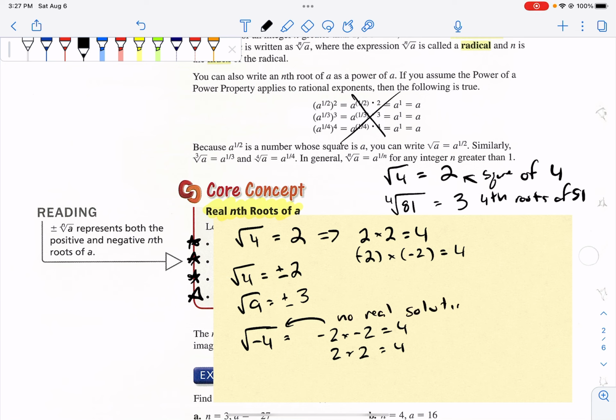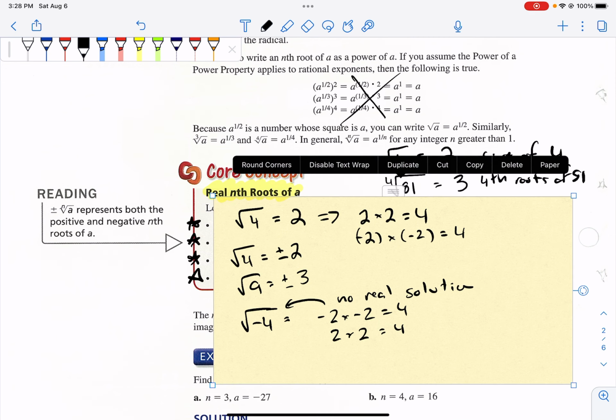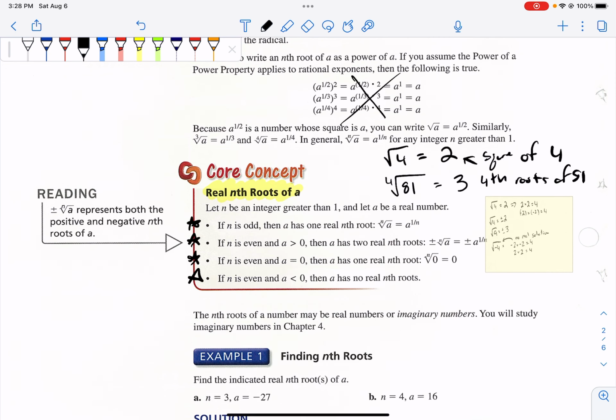There is a solution. We're going to actually talk about it later this year, but it's not a real one. It's an imaginary solution. So we have to be careful when we're taking roots because sometimes you can't. Sometimes there's not going to be a solution, and sometimes there's going to be more than one. All right? And that's what this little diagram right here is explaining to us.